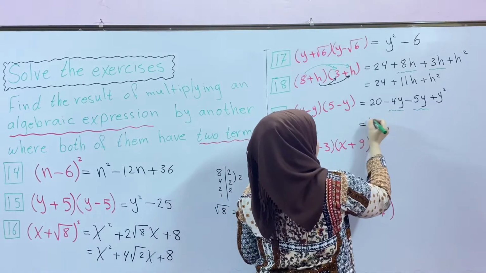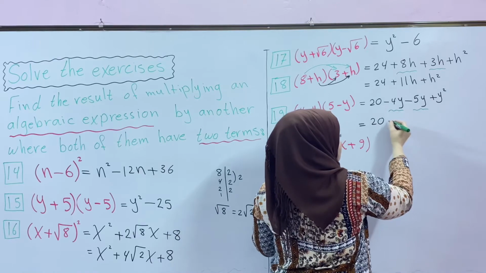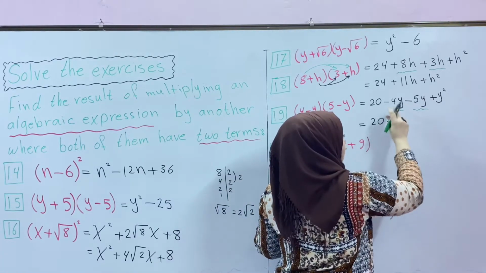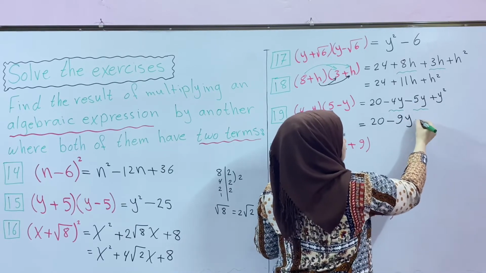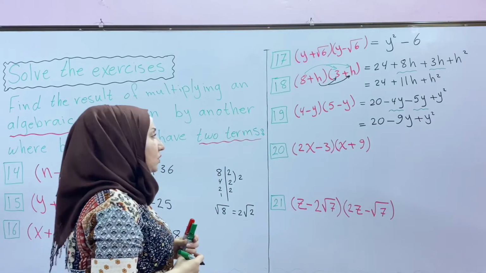We will get 20. The same signs, so we will put the same sign and we will add the values. 4 plus 5, 9y plus y squared. This is the result of number 19.